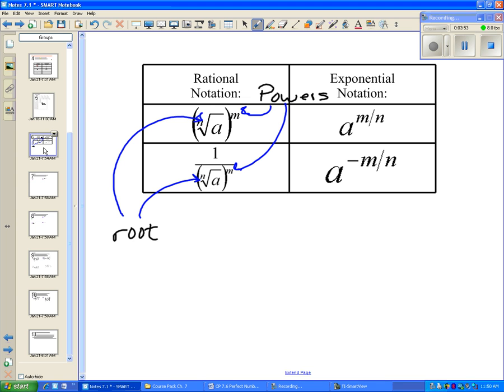The root, the square root, the cube root, the 5th root, is always the denominator. It's always the bottom number of that fraction in the exponent. The power is the numerator, the top number in that exponent. So I have radical notation, I have exponential notation. Let's notice the base is always a, or some number.